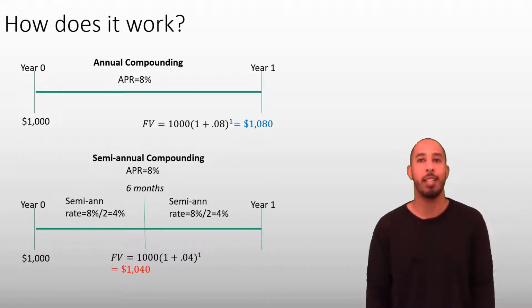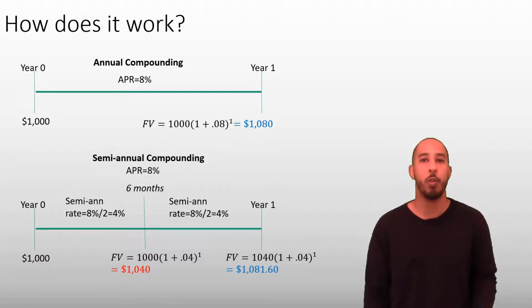So our account balance after 6 months is $1,040. And remember, with compound interest, we earn interest on accumulated interest. So over the next 6 months, we're going to get $40 in interest, plus 4% on the $40 we earned in the prior period, giving us a total of $1,081, about $1 more than if we just had annual compounding.